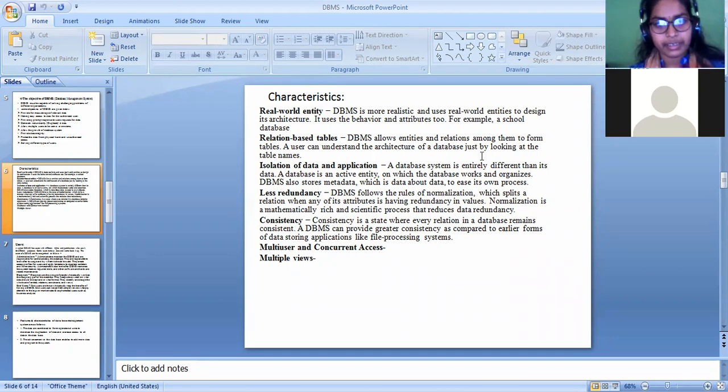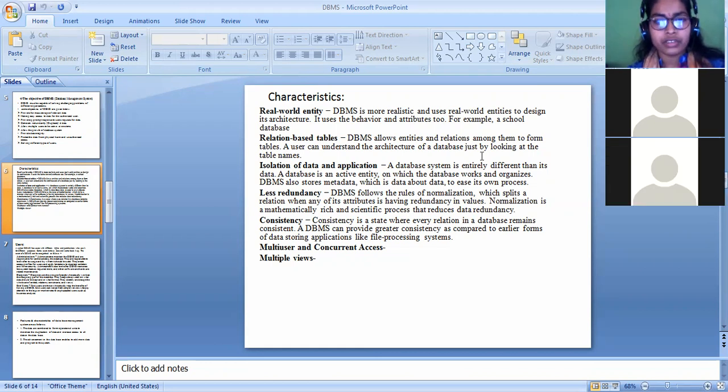Isolation of data and application. A database system is entirely different from its data. The database is an active entity on which the database works and organizes. DBMS also stores metadata, which is data about data, each with its own process.